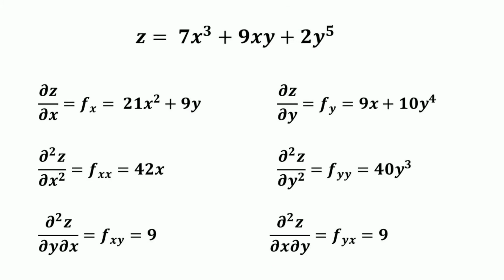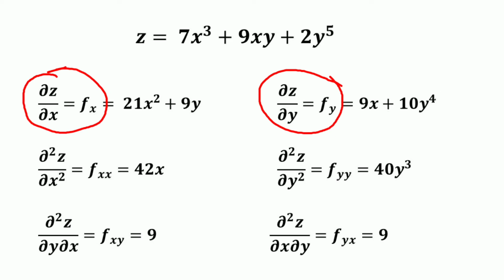See, here we have a numerical example, that is function z is equal to 7x cubed plus 9xy plus 2y raised to the power 5. That means it is a multivariable function where the function z is a function of two variables, x and y. Now we are going to differentiate the given function z partially with respect to x and with respect to y.